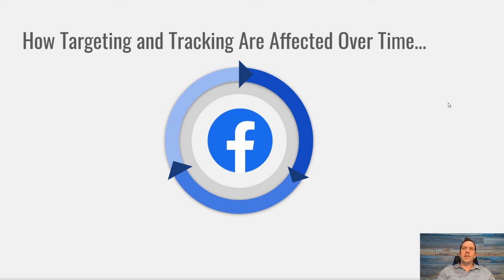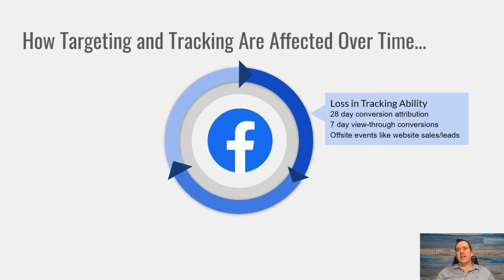So the first thing to understand is that a 28-day conversion window or attribution window is essentially giving Facebook credit for things that happen 28 days after the first visit or 7 days after the first view. These things go away. They're actually already gone, and it's being replaced by shorter windows.